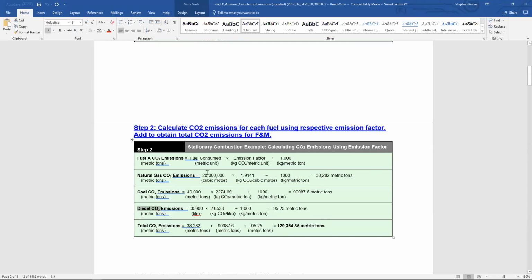So summing over those sources, total CO2 emissions are 129,365 tonnes. Okay. And if you didn't quite catch some of the calculations, don't worry, we will be sending out these detailed answer sheets at the end of today.